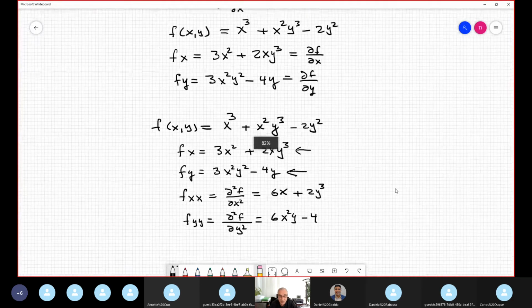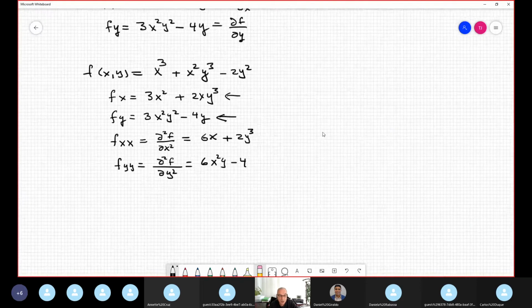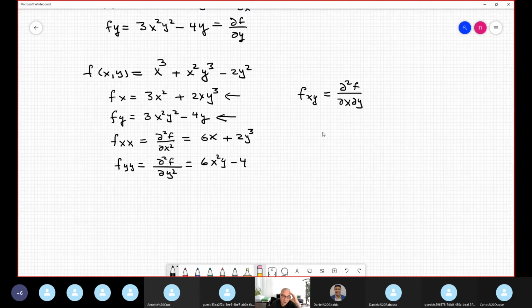Super easy. However, bueno, professor, can I compute, for example, the second derivative, differentiating x first and y second? Yes, we can. The notation is the partial second derivative with respect to x first and with respect to y secondly. Okay, this is the advantage of this notation. Can you see the order? In this case, you see order x first, y second.